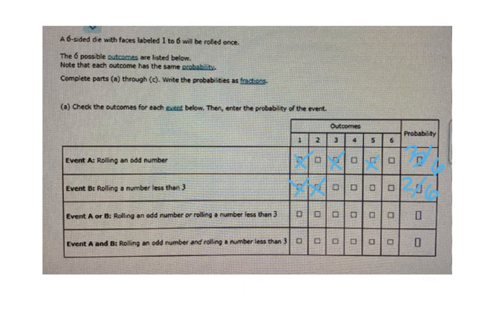Okay, so the next one is rolling an odd number or rolling a number less than 3. So we have to really look at that word or right here. So it has to be rolling an odd number or a number less than 3. So we have 1, 3, and 5.